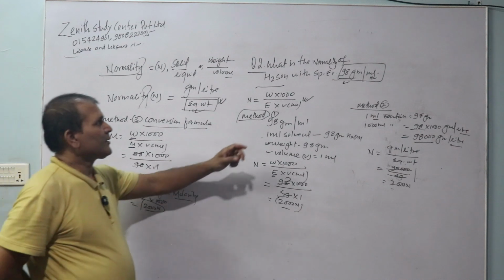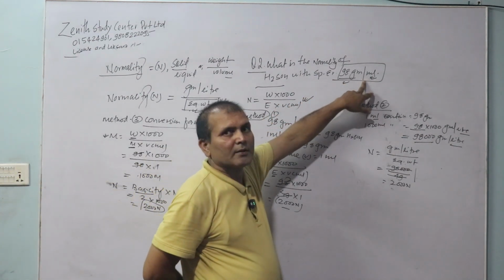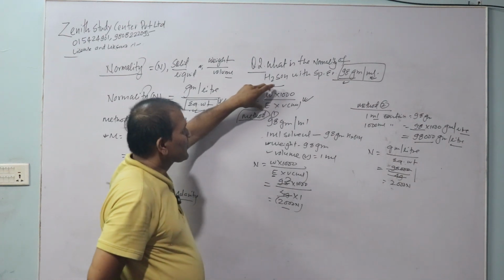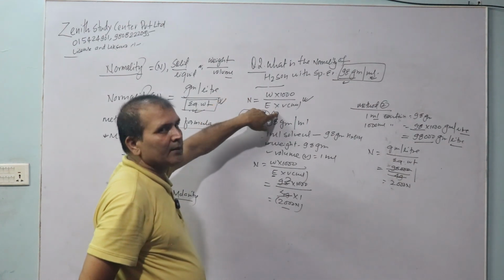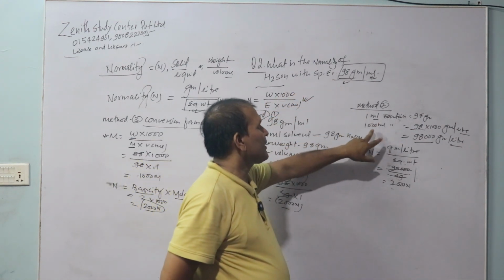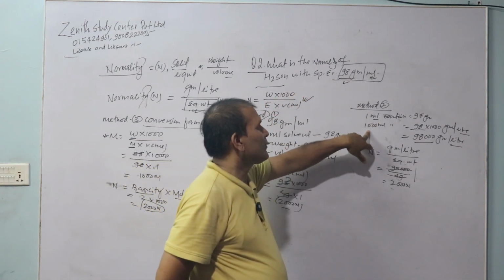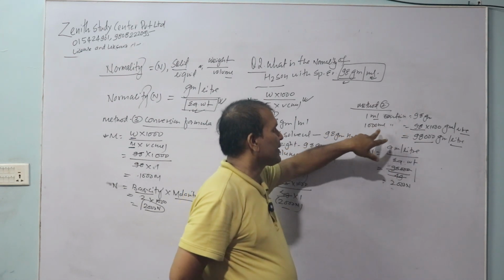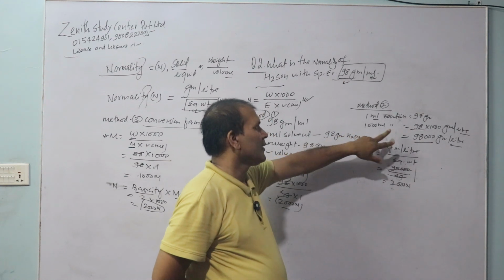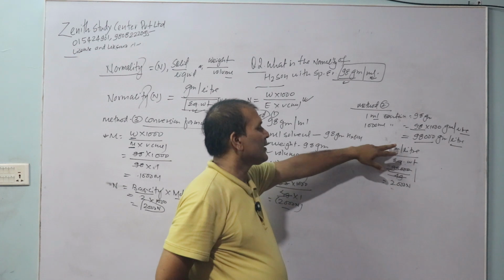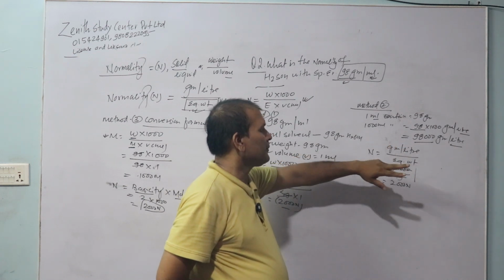So if the question contains gram per ml, then you can use the direct formula W into 1000 by E into V ml, or you can convert ml to liter by multiplying 1000 ml. So 1 ml contains 98 gram, 1000 ml contains 98 into 1000, 98,000 gram per liter.